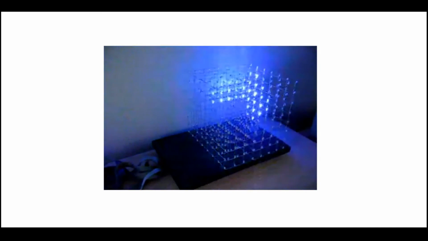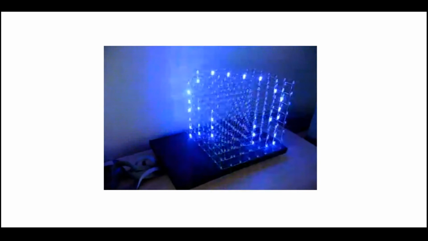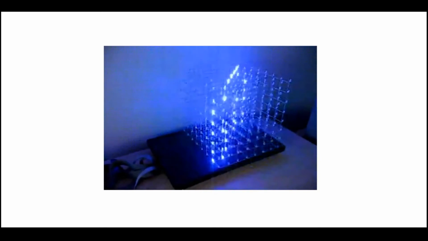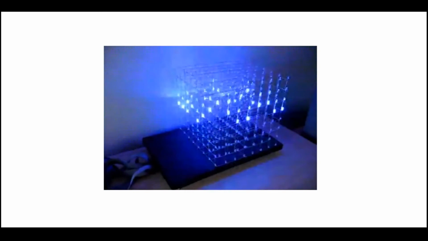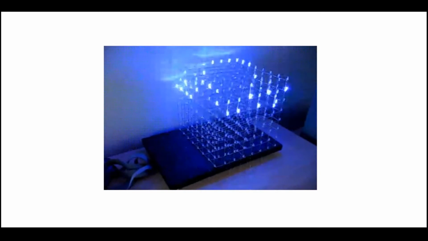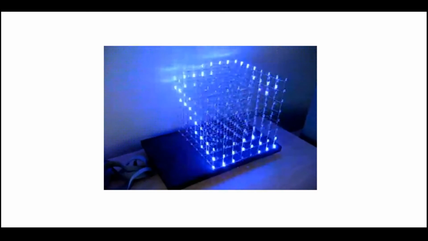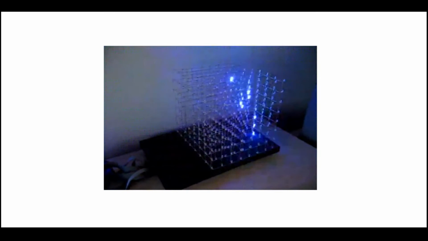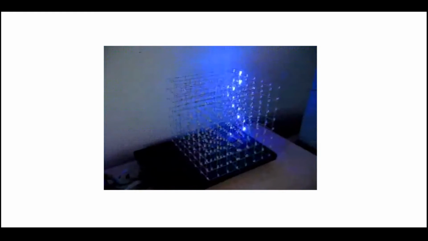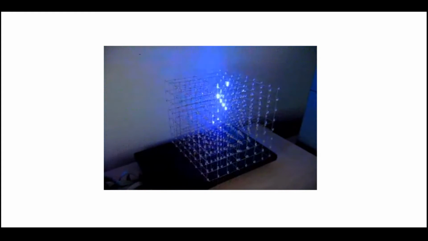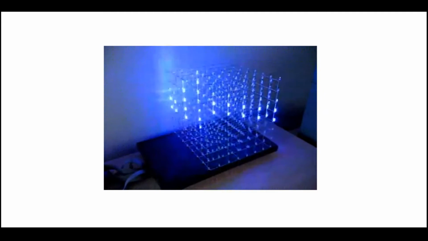For the first problem, how to control different LEDs: if we try to control all the LEDs using individual pins from the microcontroller, then that would be a problem. So let's try to reduce the number of LEDs that we have to control at any point of time. The idea is, we start with one layer and control only the LEDs in that layer which form the pattern to light up, and in the next step, turn it off and go to the next layer and do the same, and so on.